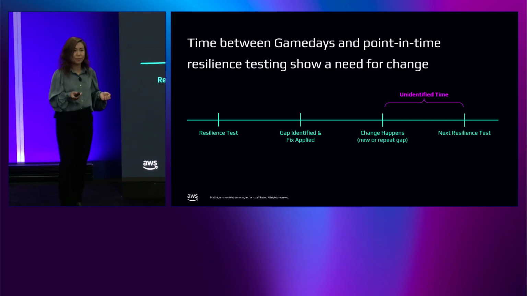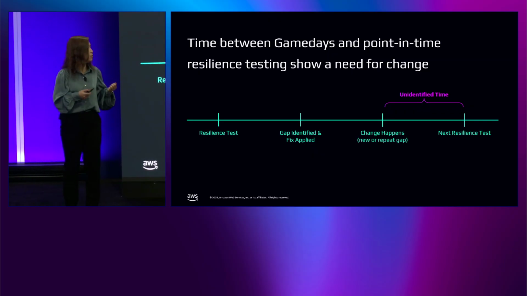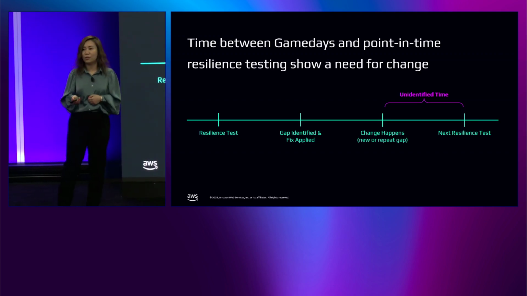Between tests, your application reliability can gradually degrade because new changes happen, and as a result, we introduce new vulnerabilities. Continuous verification closes this gap, and this is the shift Capital One has made. This allows them to match the speed of testing to the speed of their deployment.